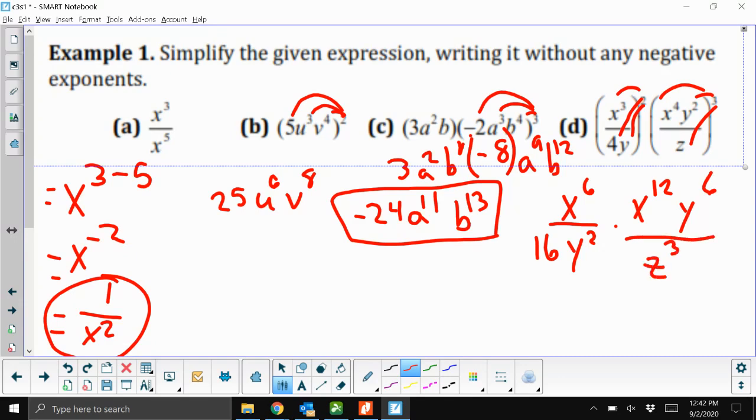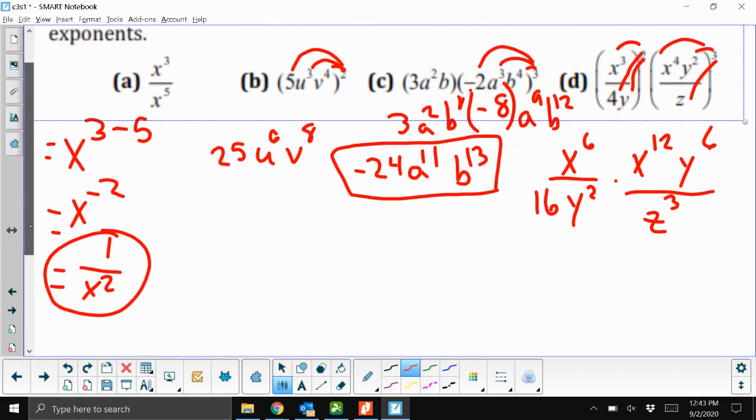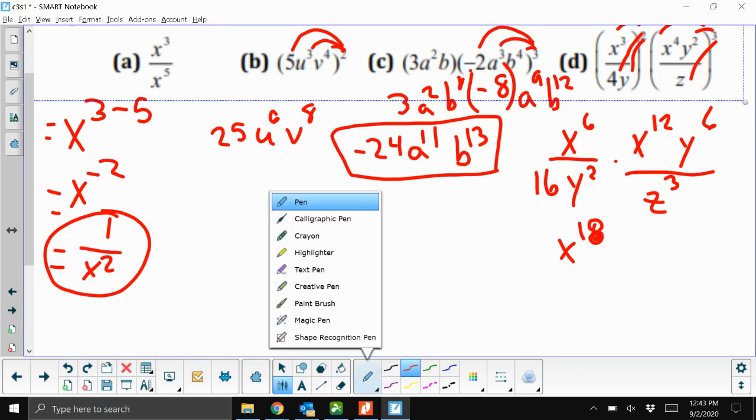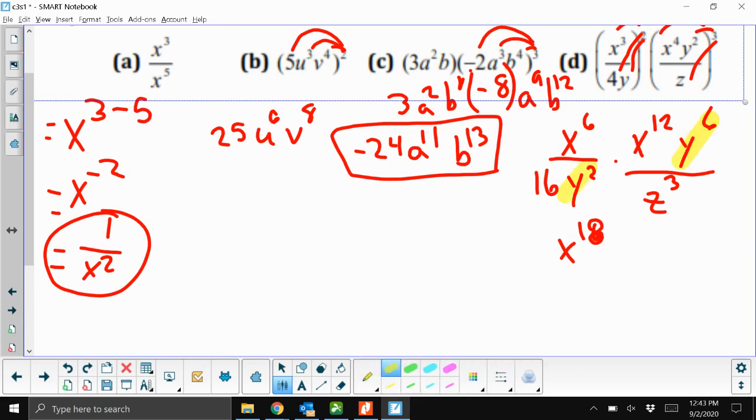So now we just got to simplify our like terms. So notice we have x's on the top. That means we can add them. So 6 plus 12 is 18, right? I'll move this down a little bit. So we'd have x to the 18th. There we go. It's an 18. So now notice here we have a y on top and a y on bottom.